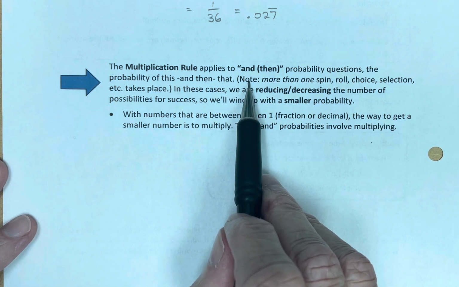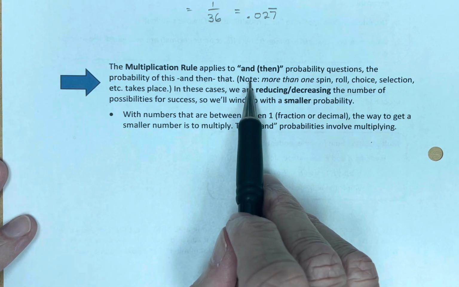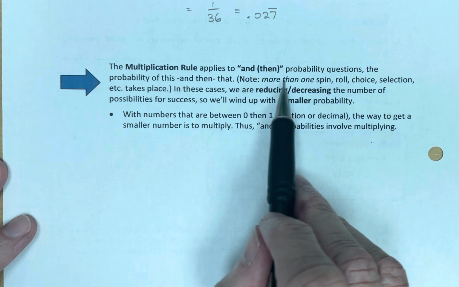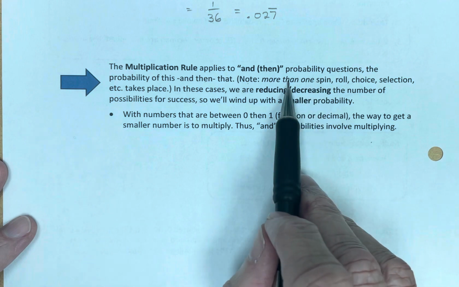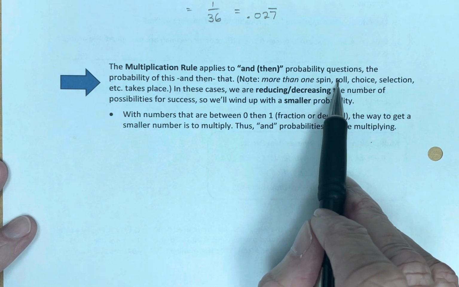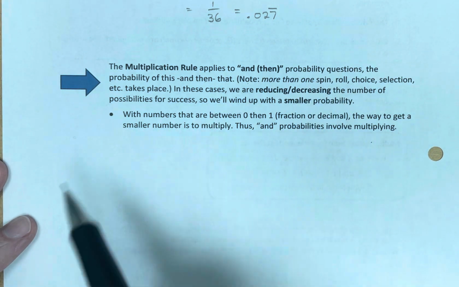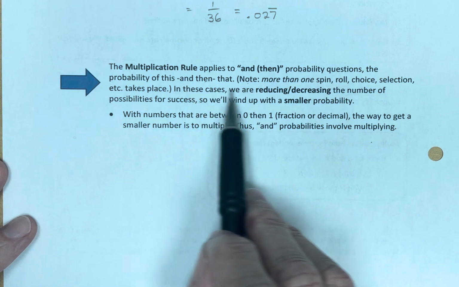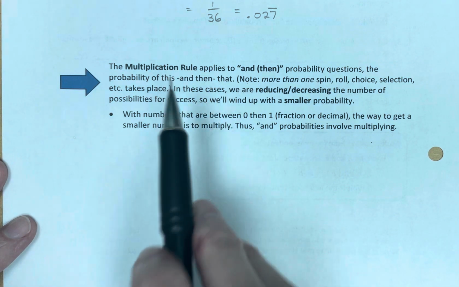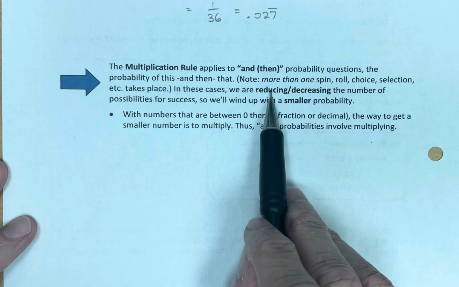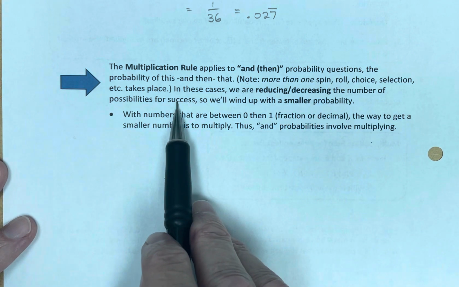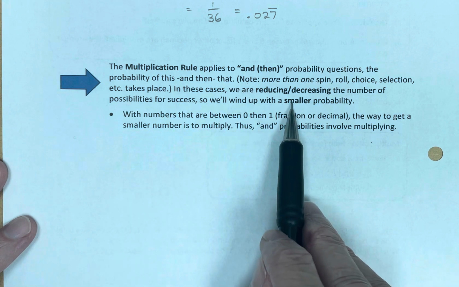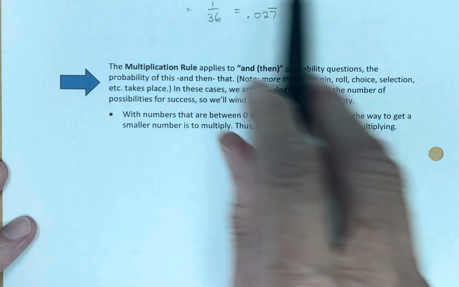Contrast this to the addition rule, where we only did one thing. Now we're doing more than one thing: more than one spin, more than one roll, more than one choice. Because we're asking more things to happen, we're decreasing the probability of success. So we're going to wind up with a smaller probability.